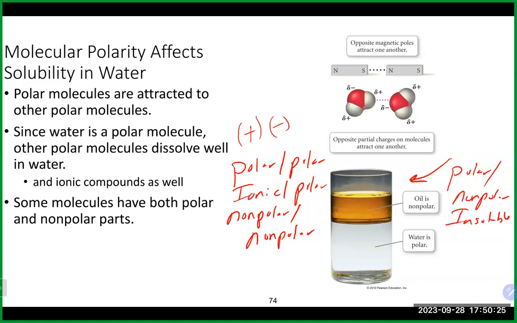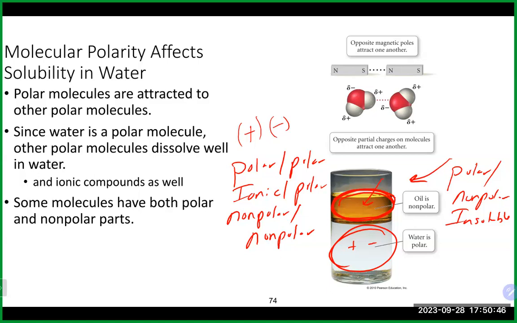And that is because, very simply, oil right here is nonpolar, and basically it's neutral. It has no charge. Water is polar, which has a positive and a negative side. So over a long period of time, they do not have a way to interact well with one another. That's why you typically will see oil floating up there on water.